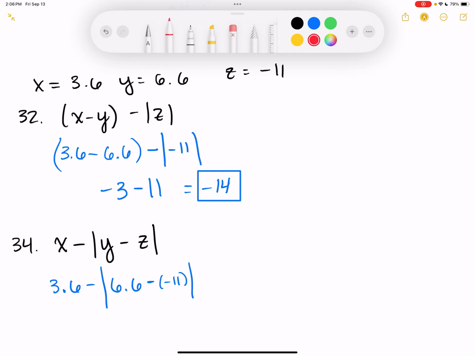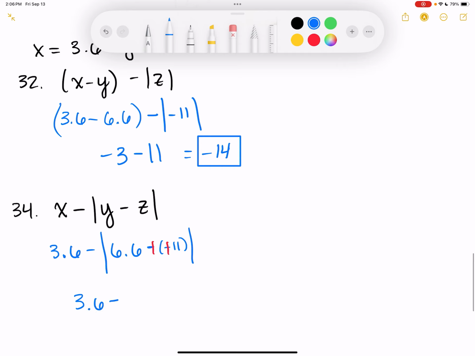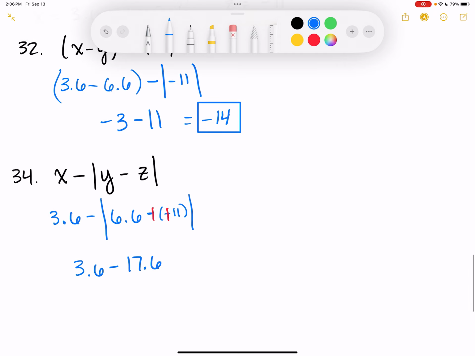It's addition, so add them. So 3.6 minus, what's the absolute value of 6.6 plus 11? 17.6. 3.6 minus 17.6 is?